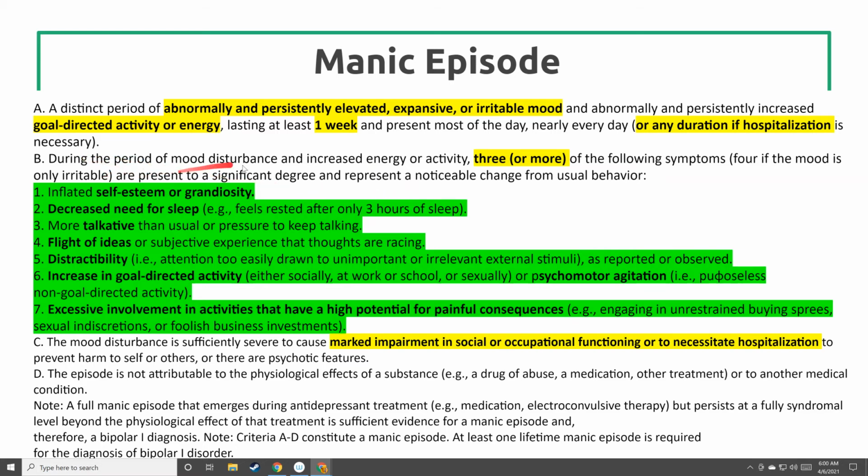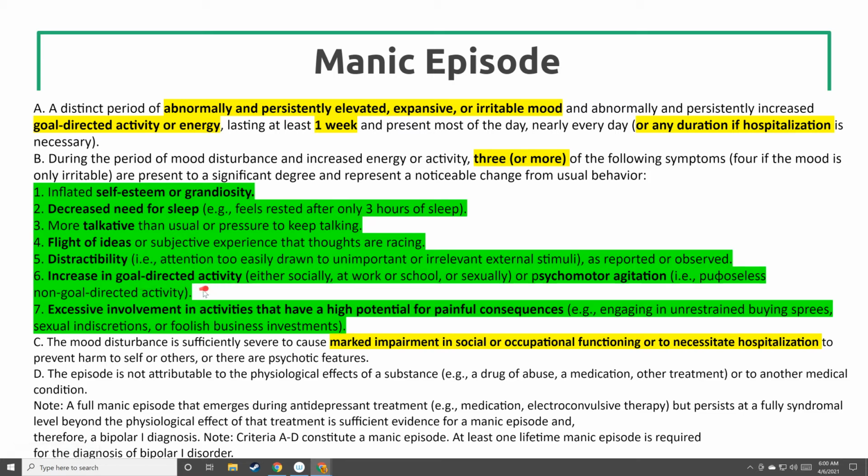Now, during this period of mood disturbance, this elevated, huge mood with lots of goal-directed activity, you're going to have 3 or more of the following symptoms. So huge self-esteem or grandiosity, I can get almost anything done. Decreased need for sleep, super talkative, flights of ideas, got lots of things, gonna do lots of things. Distractibility easily draws attention away.